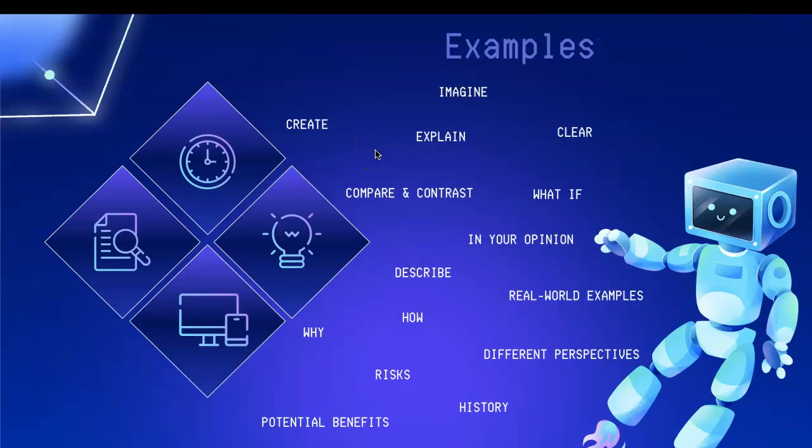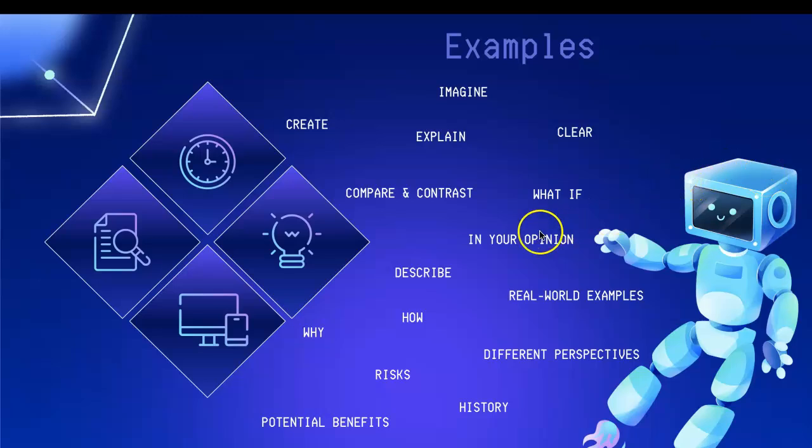And then compare and contrast. I have an example of that. You prompt ChatGPT to generate a response that compares and contrasts two or more things, like concepts or ideas. What if, using what if prompts you to generate a response that explores a hypothetical scenario, encouraging the model to use its imagination again.